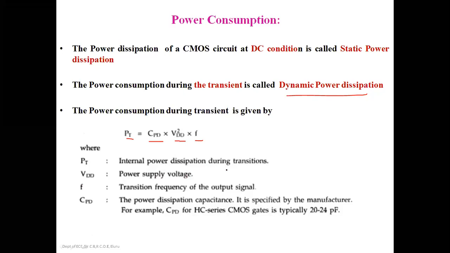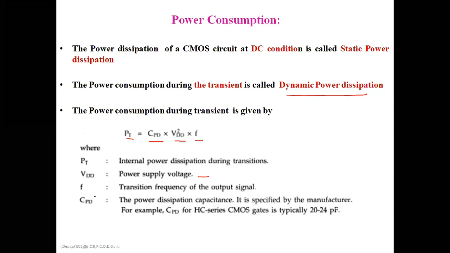The power dissipation across the resistive load is proportional to the square of the voltage. So that's why here we have VDD squared.